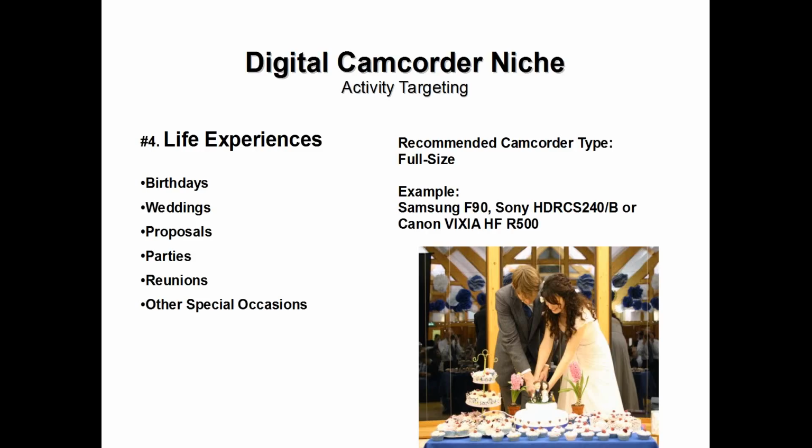The best type of digital camcorder for this general type of usage is going to be your full-size camcorder. Things like the Samsung F90, the Sony HDR-CS240B, or the Canon Vixia HF R500. These are priced mostly between the $100 and $300 range and still produce HD quality video.